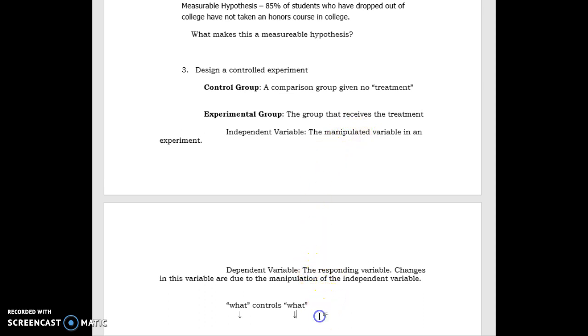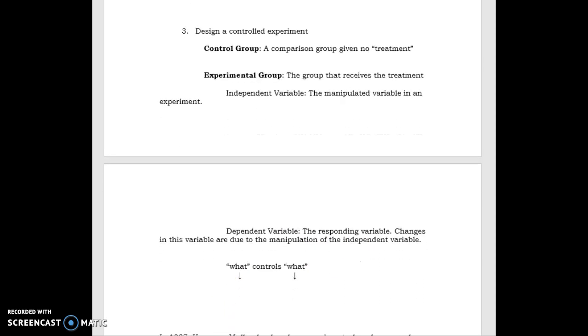So the easiest way I find to decide, in an experiment you're reading and you have to identify which of these is the independent variable, which is the dependent variable, is to put your sentence into a very simple, what controls what? So, for example, going back up to Roger's statement, we have two variables.